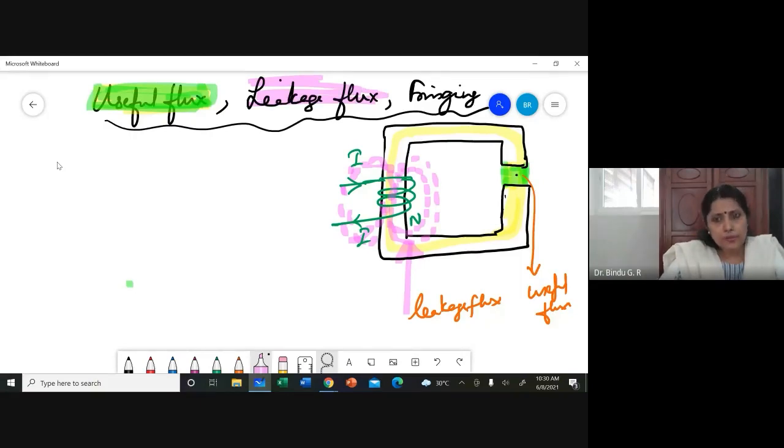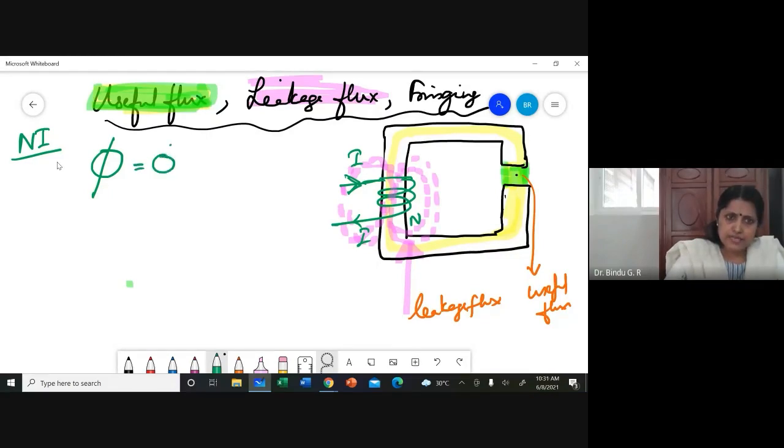So what about the total flux that has been produced by I? The total flux produced by the current I, the total flux produced by the MMF NI will be phi equal to phi G plus phi L, where this is phi G and this is phi L. I hope you understood.